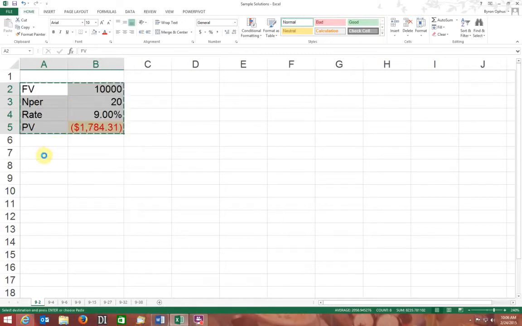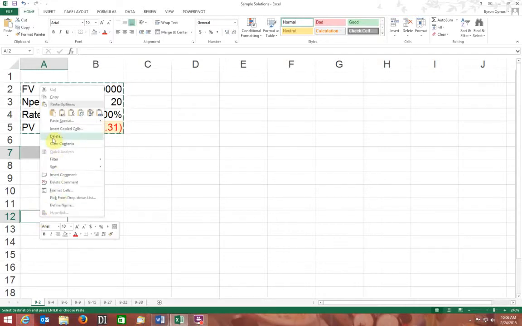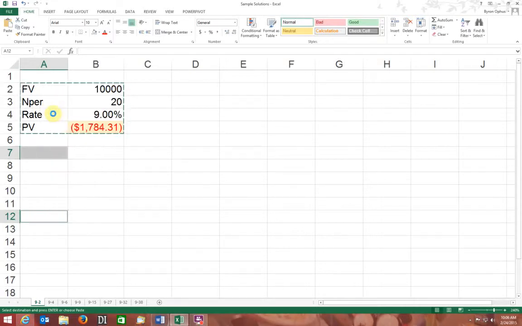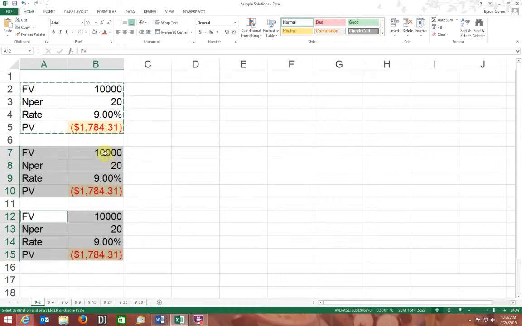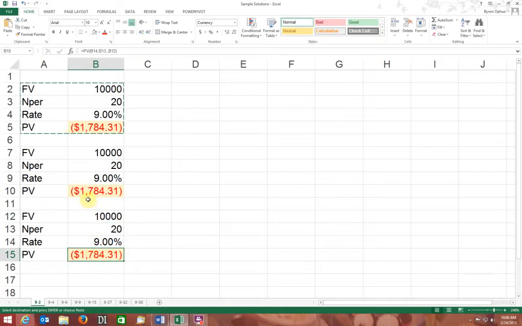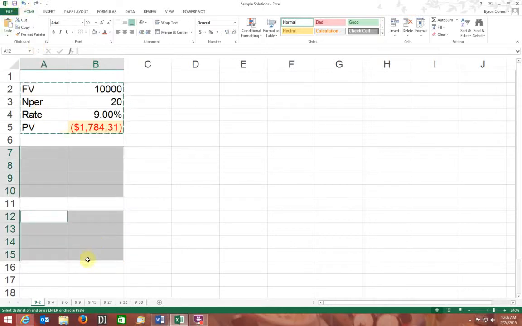So copy and paste, and there we go. 1, 2, 3, 4. Paste. Then all I have to do is go in and change the numbers. Because I've got the formulas built in, if I change the numbers to match up with what it's given me, I'm in good shape. So, okay.